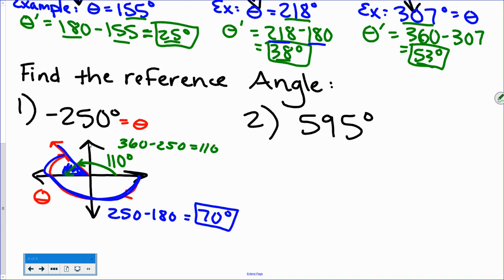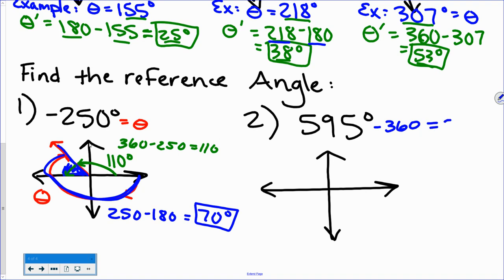Number 2, for 595, you'll want to figure out where that's at. If I go all the way around, that's 360. So I have to take 360 away from this, so then I can find that coterminal angle, right? We talked about coterminal angles a couple weeks ago now. Then I'd be left with 235 degrees.